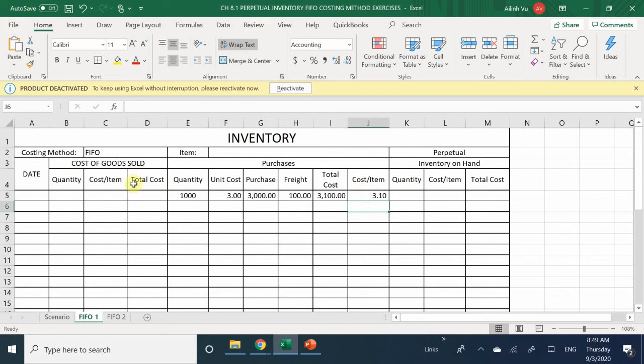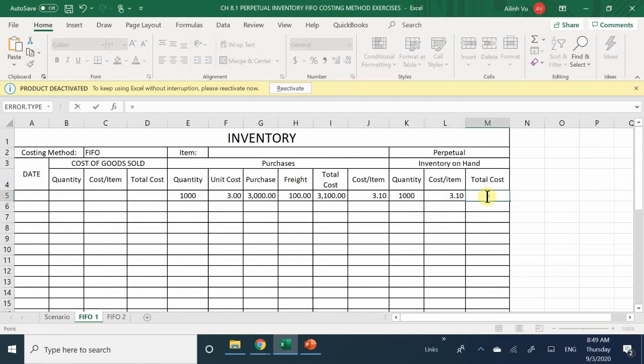Now, once we've completed this section right here, I'm going to transfer this information over into my inventory on hand. This is where you're going to keep your batches.